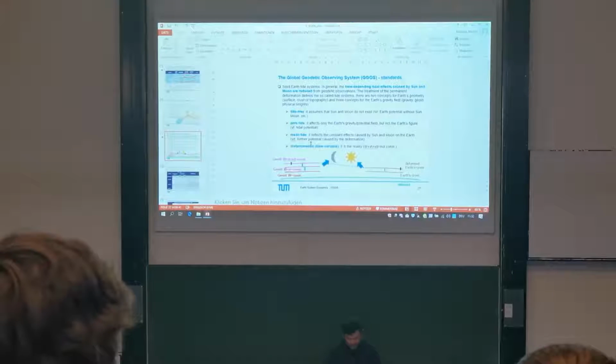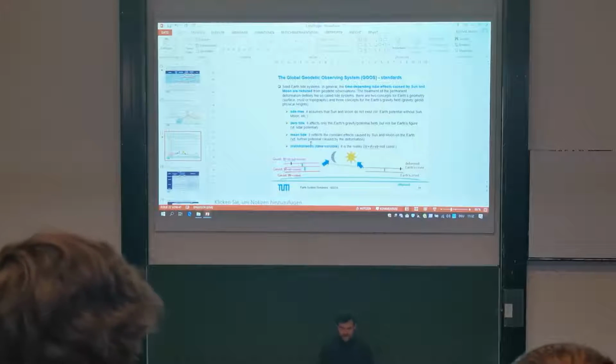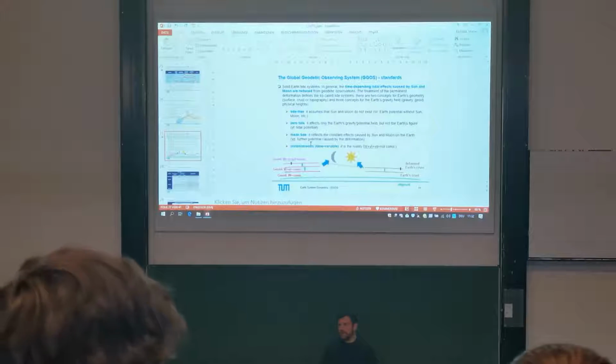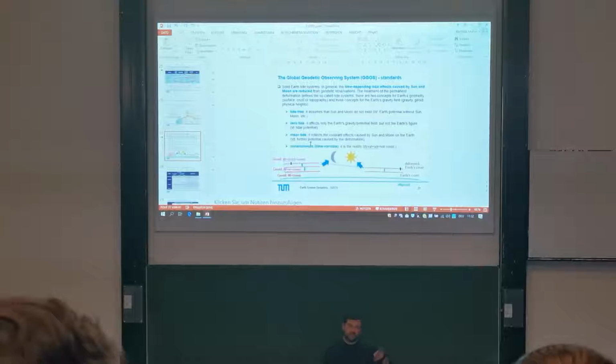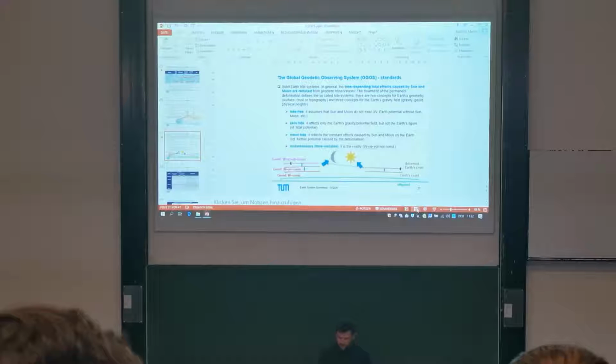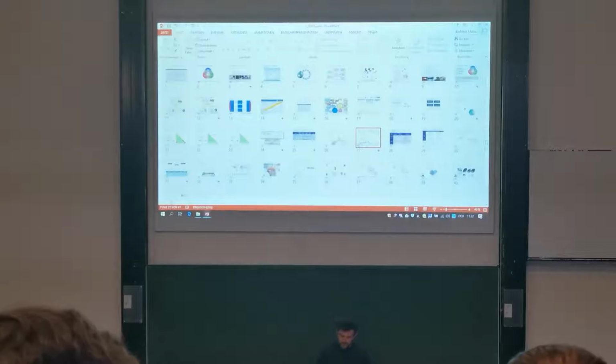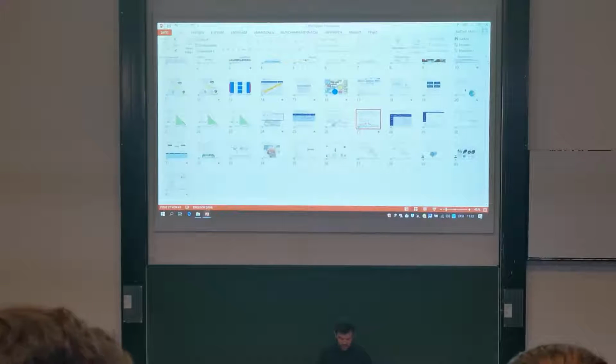Roughly speaking, the instantaneous tide system is the real world, and then you can remove all the time variable part, and then the treatment of the permanent tide. And finally, you end up at the tide free system, which would be the tide system when sun and moon do not exist and no external gravitational accelerations force the Earth body to deform.